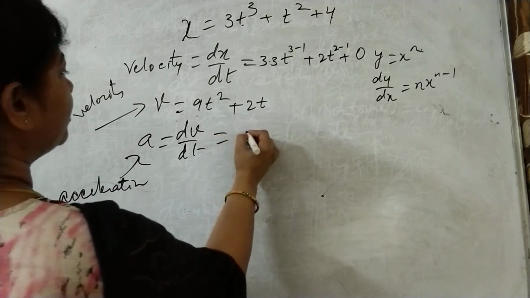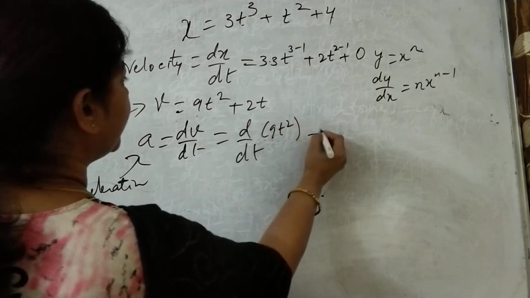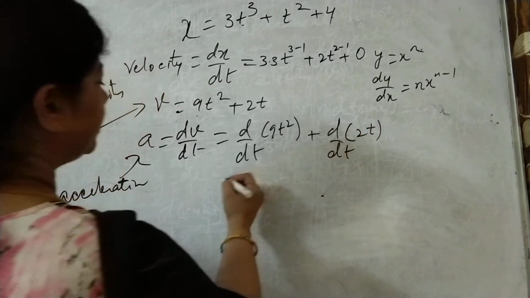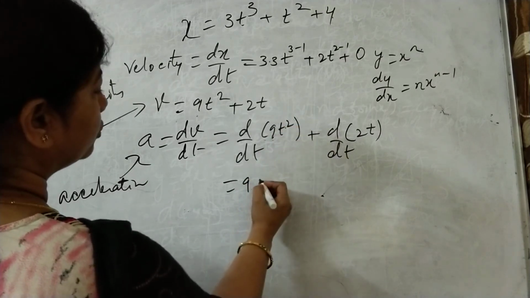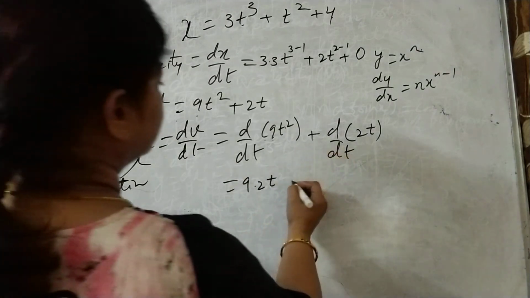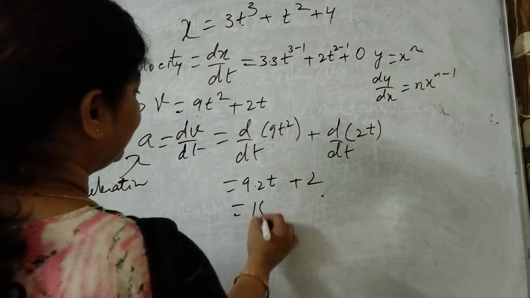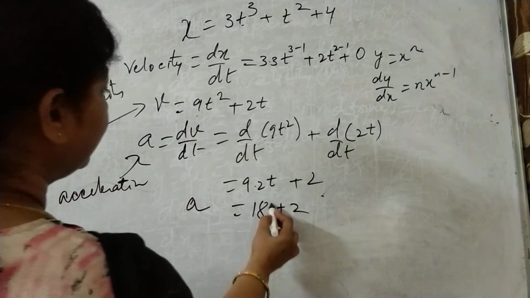So we are going to differentiate d/dt of 9t square plus d/dt of 2t. So let us differentiate. 9 is a constant here. So t square, so it is 2t to the power 2 minus 1, 2t, plus 2, and dt by dt is 1, so you get this. So it is 18t plus 2. So we got acceleration as 18t plus 2.